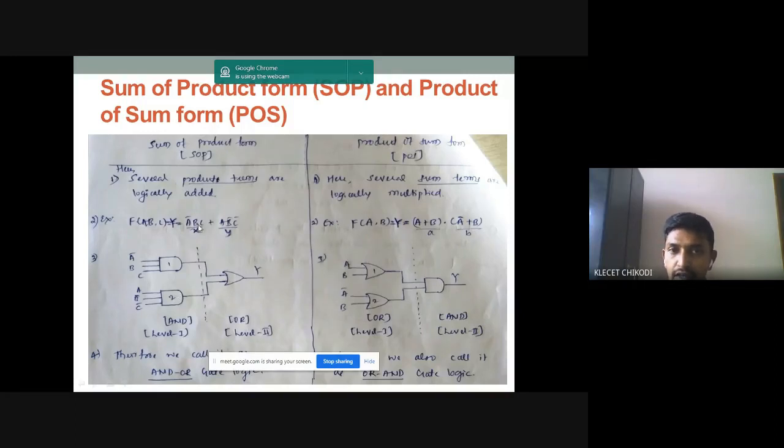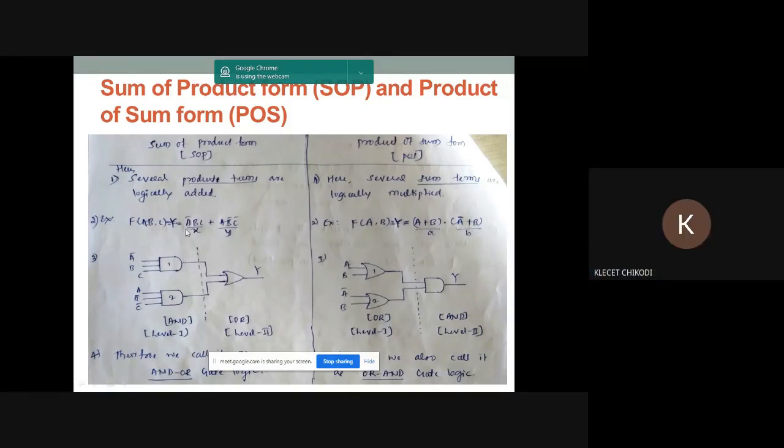In the first level you will see only AND gates, and in the second level you will see one OR gate. So this is how we are representing the SOP form.